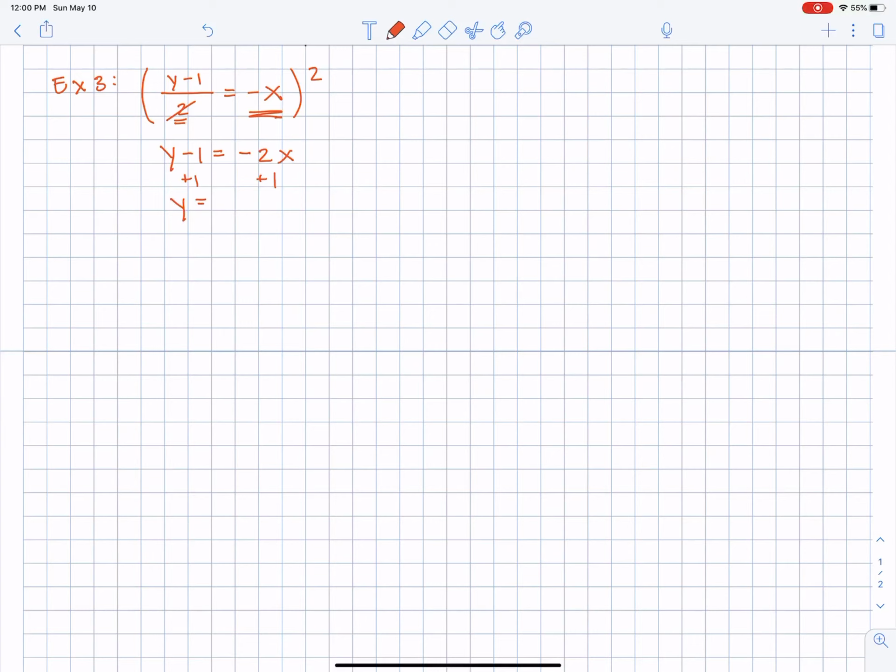So y equals, keep the x's out front, so negative 2x, then put the rest of the equation on there. So plus 1, and that looks exactly like y equals mx plus b, meaning that my slope is negative 2, and my y-intercept is the point 0, 1.